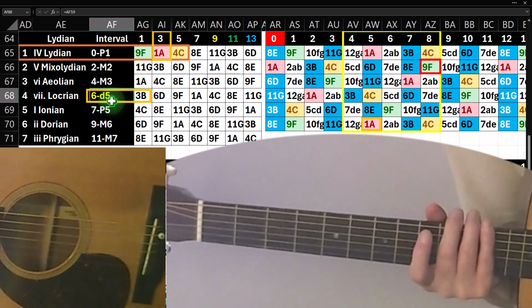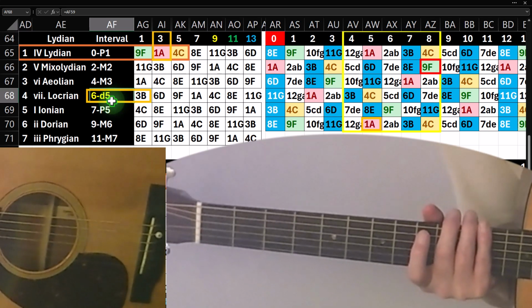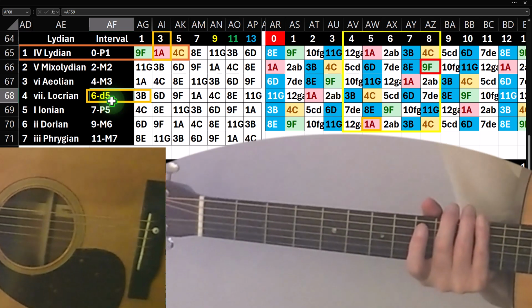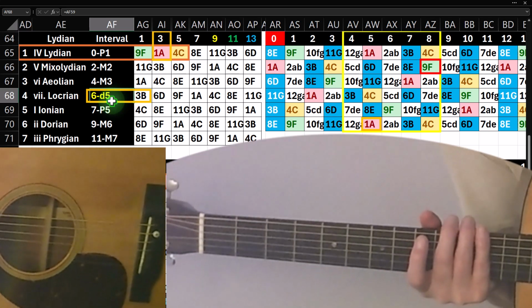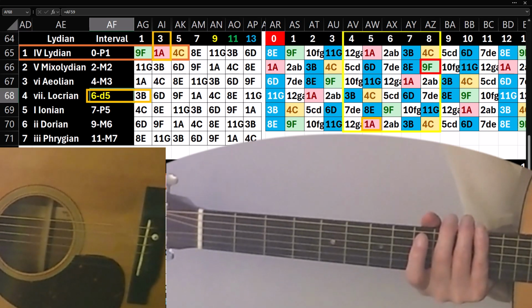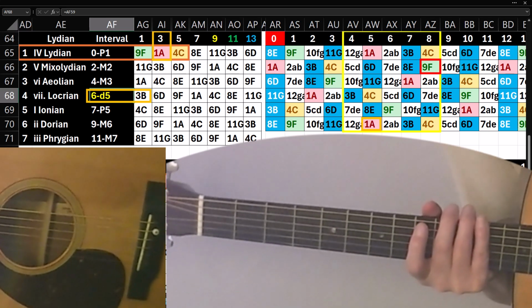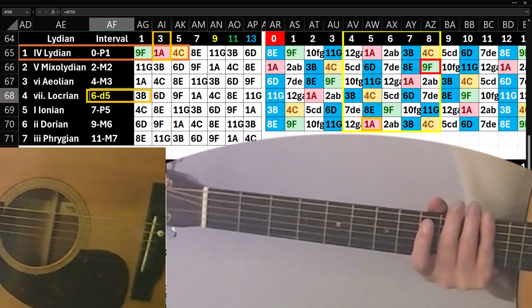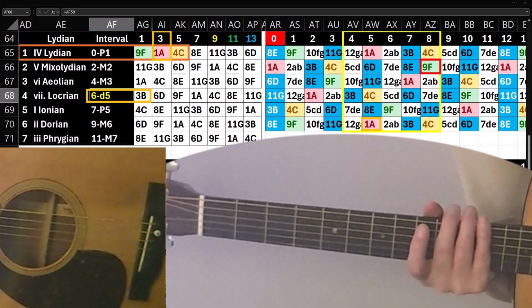That's the cool thing, and kind of the weird thing, about our music system. We shoehorned it in, made it work by giving 2 names to the same distance, which is kind of weird. It helps, but it also messes things up a lot. But it is what it is.